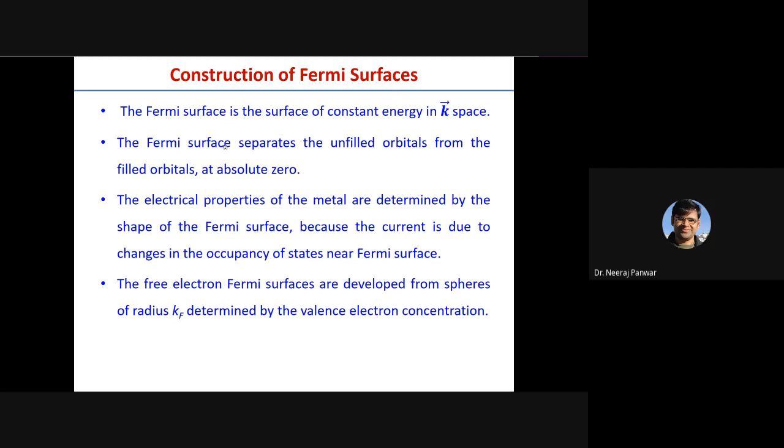So the Fermi surface separates the unfilled states from the filled states at absolute zero. The electrical properties of metals are determined by the shape of the Fermi surface because the current is due to the changes in the occupancy of states near the Fermi surface.